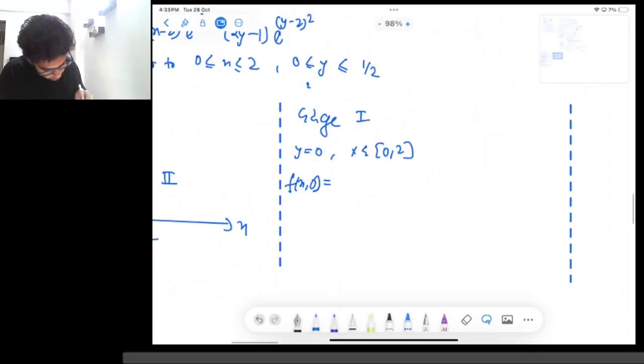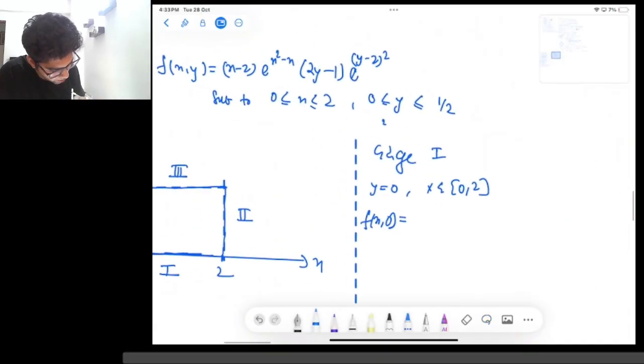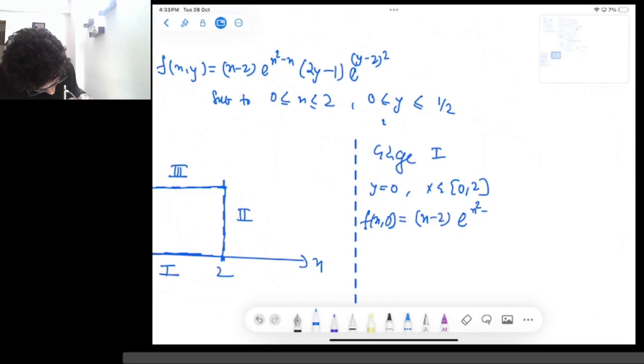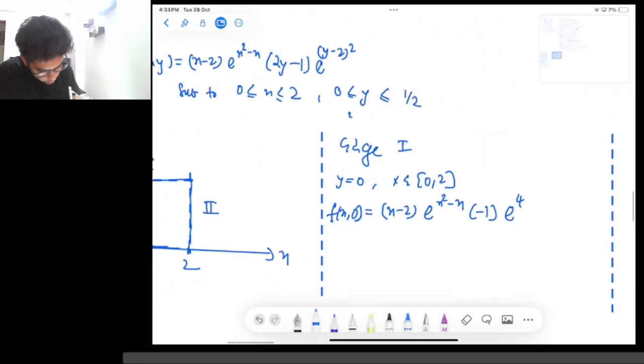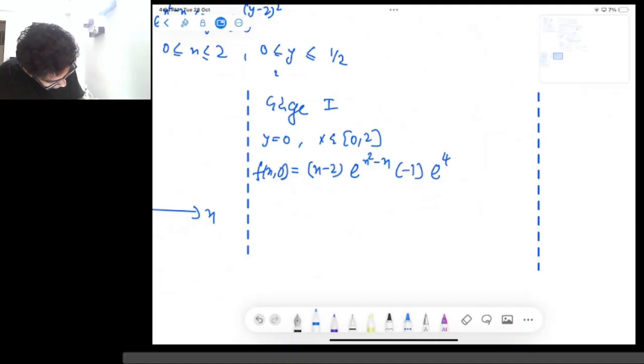I'm sorry. So this gives me x minus 2 e to the power x square minus x. And my 2y, so my y is 0, so this gives me minus 1 e to the power 4, because my y is 0, so 2 minus 2 whole square is 4. Right. So this gives me this.